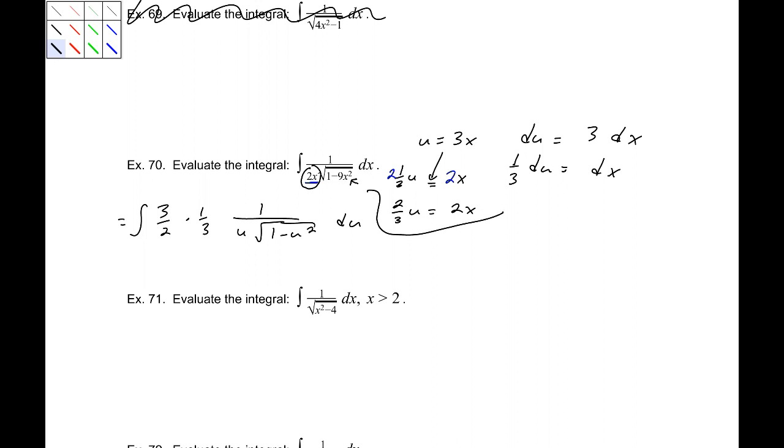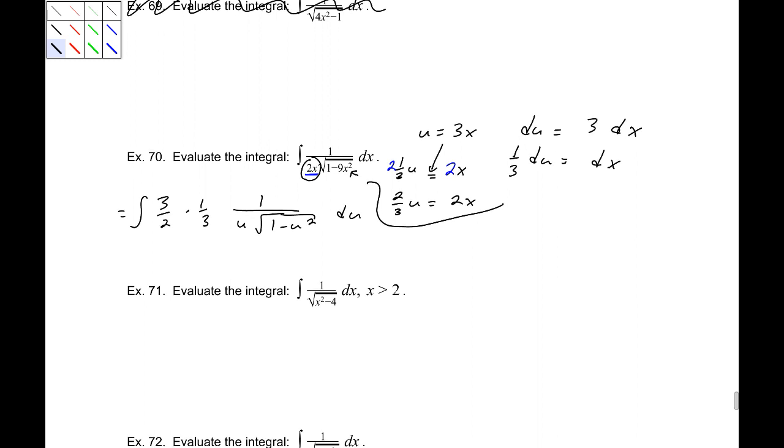Now, ignoring the signs out front, hold on, it's the secant hyperbolic inverse, negative, there we go.